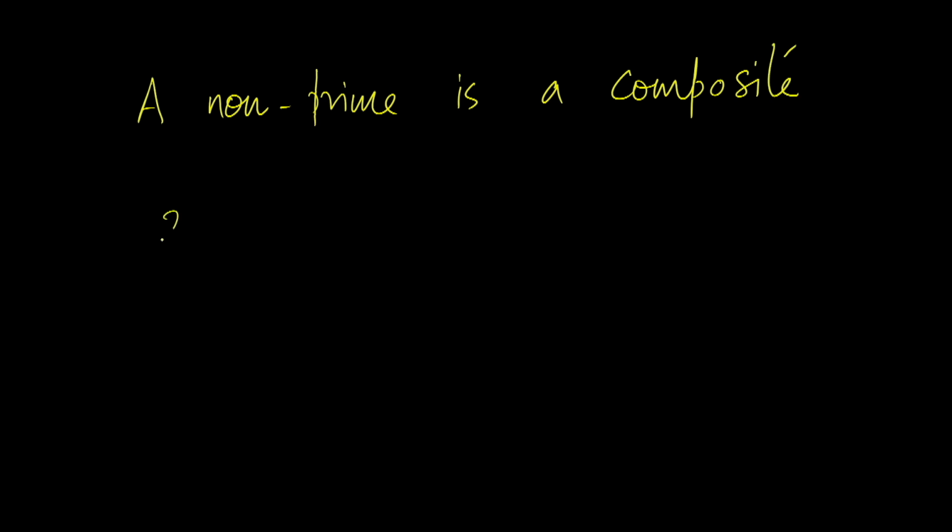A non-prime is called a composite number. So, the prime numbers are 2, 3, 5, 7, 11, 13, 17 and so on.